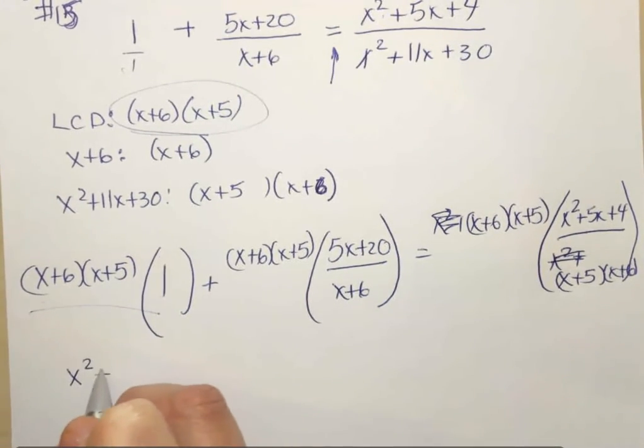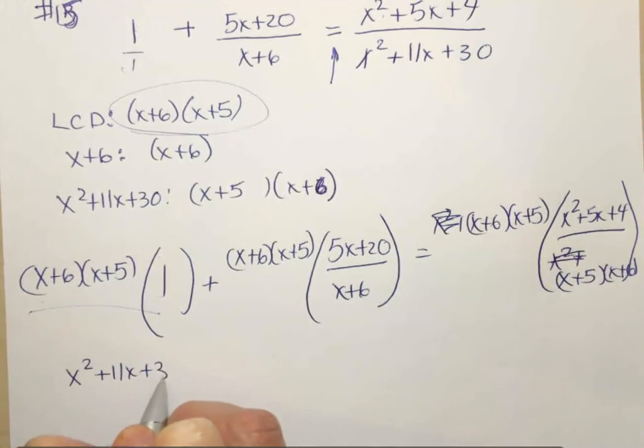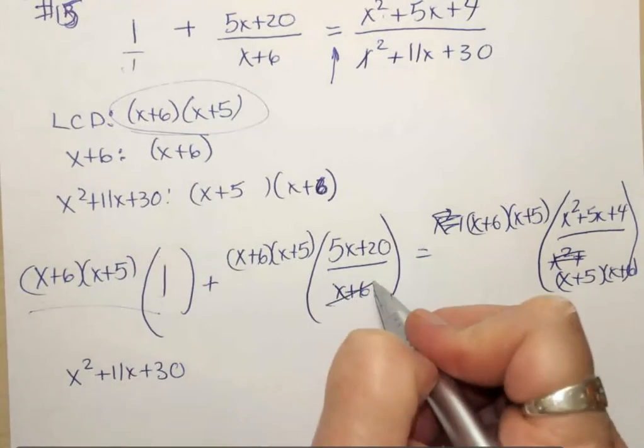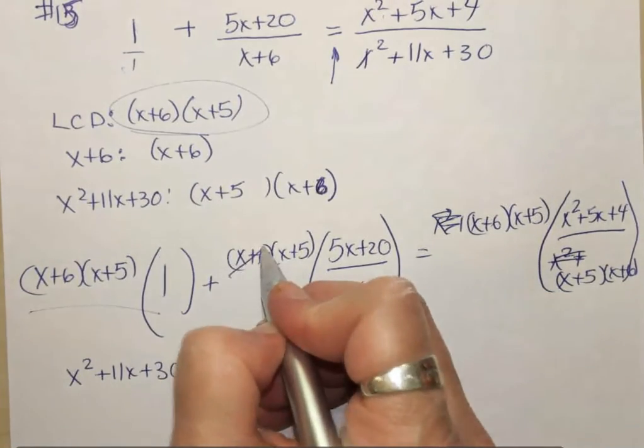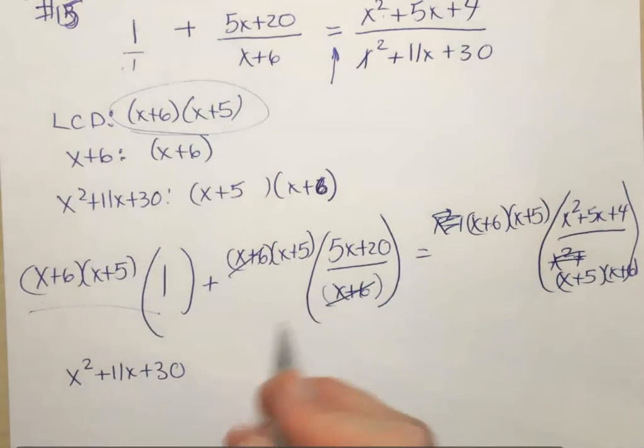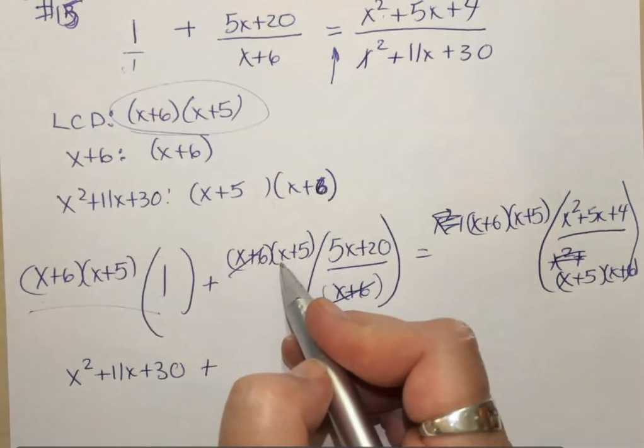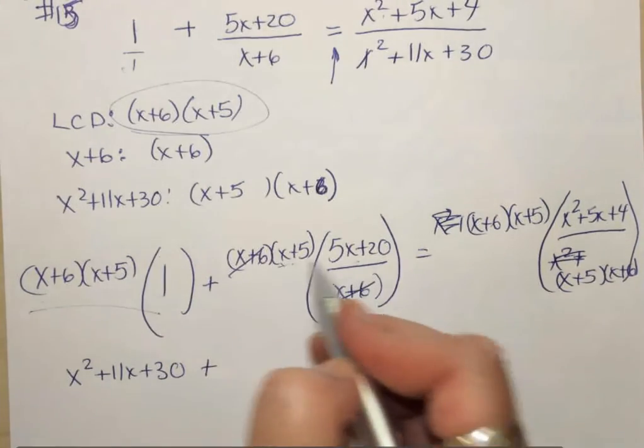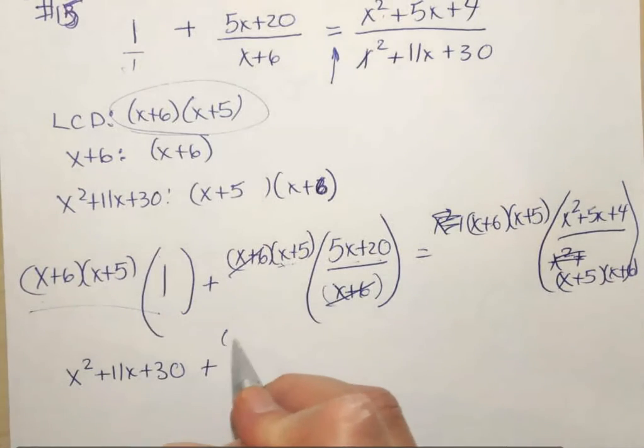I have x squared plus 11x plus 30. My x plus 6 and my x plus 6 cancel. Remember, it's a package deal. So I'm going to have x plus 5 times 5x plus 20.